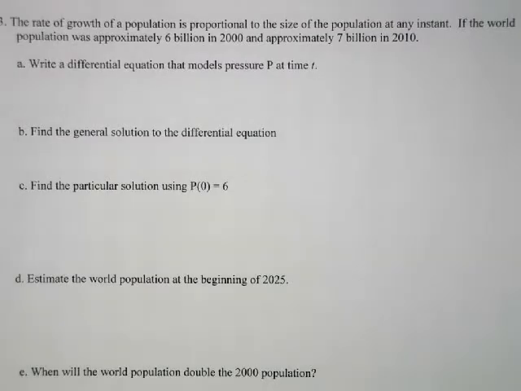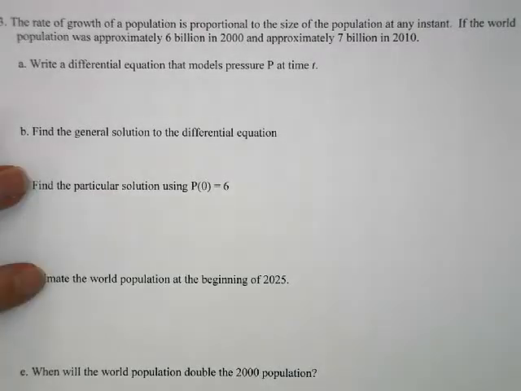Okay, population growth is another one. The rate of growth of a population is proportional to the size of the population at any instant. If the world population was approximately 6 billion in 2000 and approximately 7 billion in 2010, we're going to write a differential equation that's going to model this.